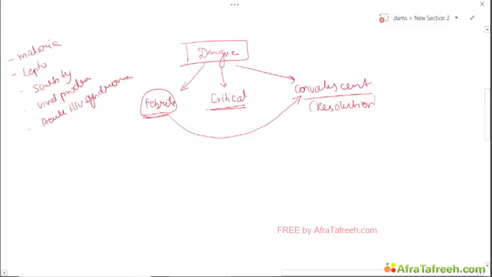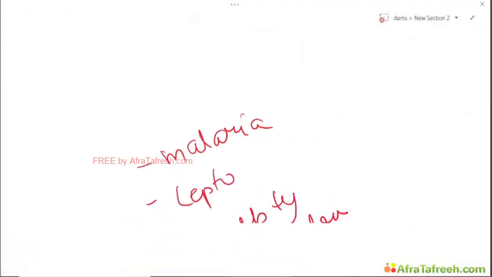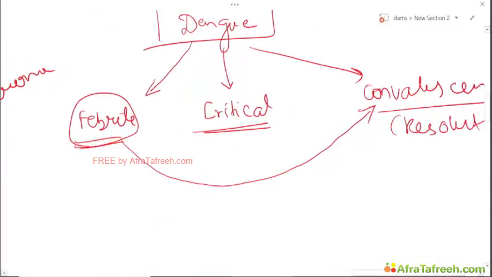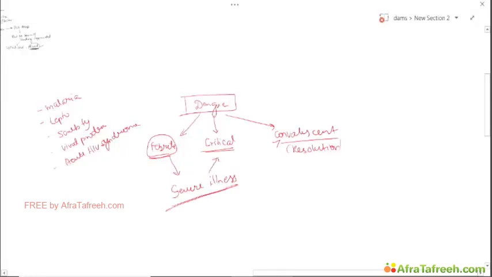However, in some patients this goes on to develop into the critical phase, in many cases this goes on to develop into a severe illness, and this happens mostly during the critical phase, and this critical phase lasts for around 48 to 72 hours.